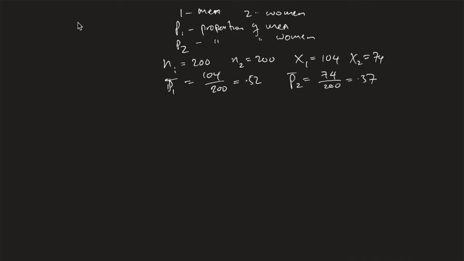Okay, so now let's find a confidence interval. We're going to use the data and we're going to do our own thing. So let's find a 98% confidence interval.